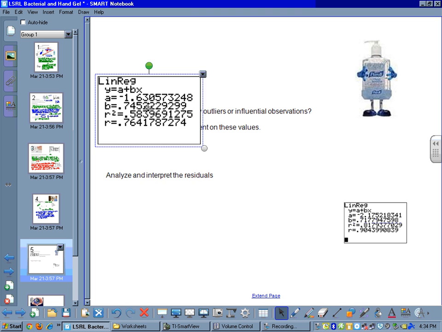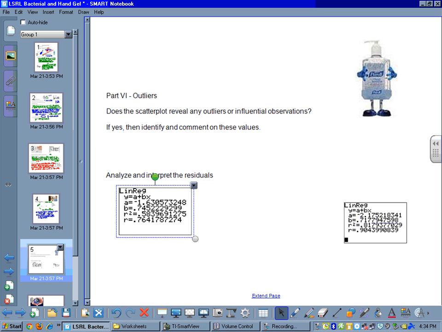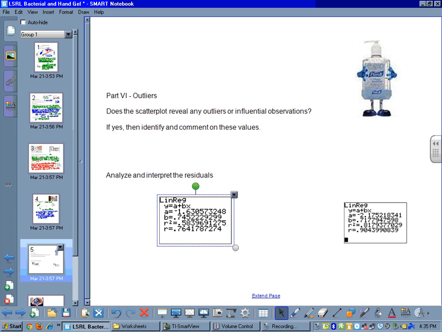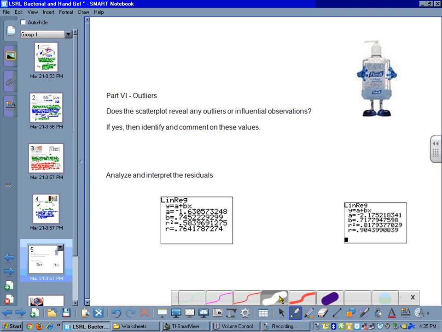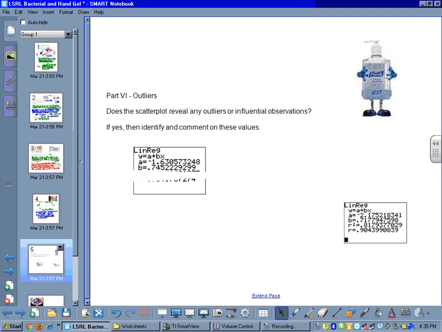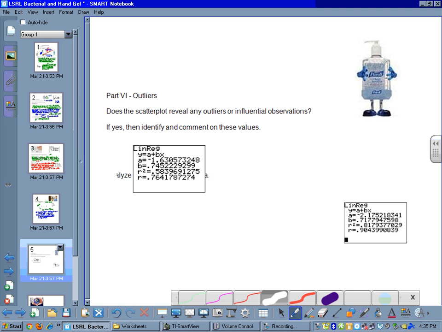Here we go. Okay. So, let's take a look at all of this. All right, get rid of that white there. Don't need that showing up.